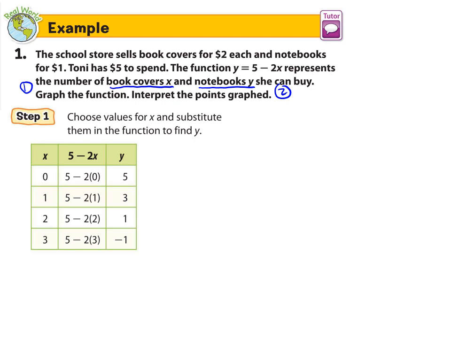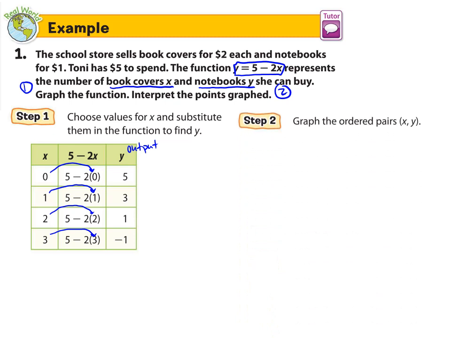And they gave us our function rule, y equals 5 minus 2x. So then we plug in the 0 for the first x, then 1, then 2, and then 3. And we end up with 4 outputs. Remember, our y is our output. So we have 5, 3, 1, and -1 as our outputs.